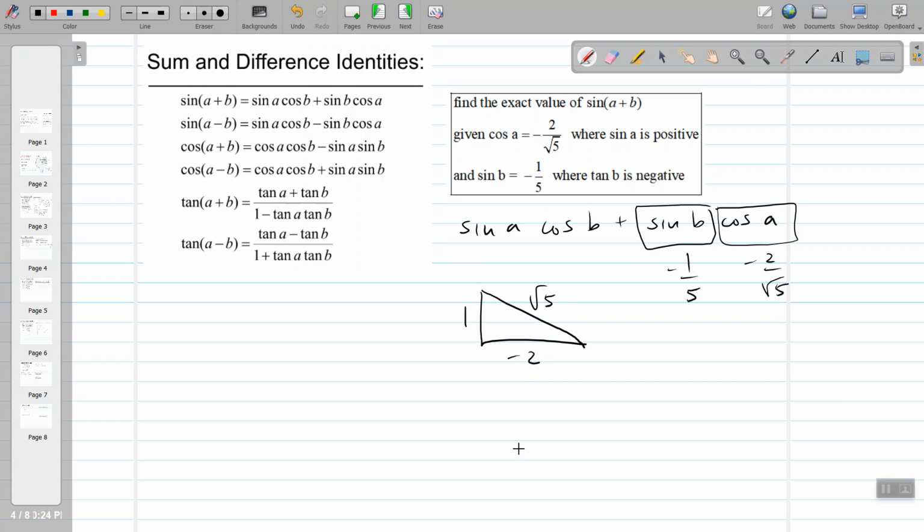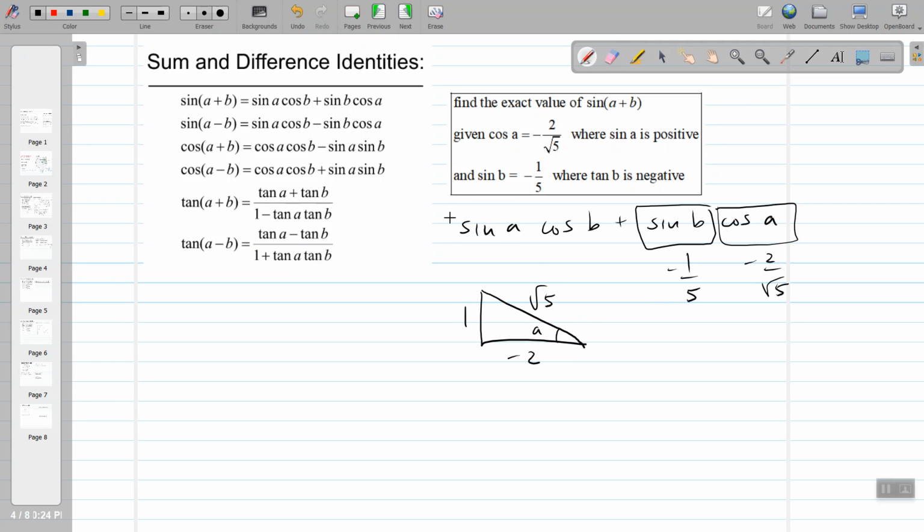So if this guy is 1, then obviously your angle is over here, and this is going to be angle A. If I already know what the cosine of this angle is, that's this over this, and now I need to figure out what the sine is. The sine for this picture is just going to be 1 over rad 5.